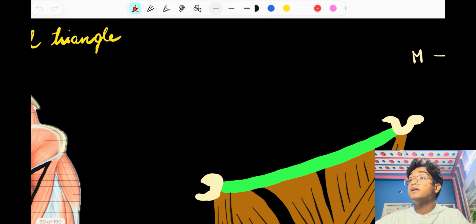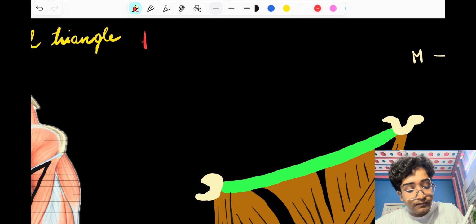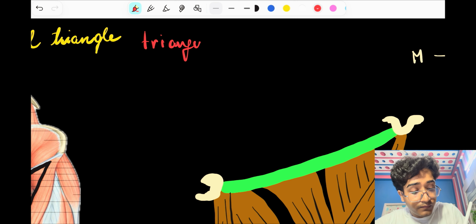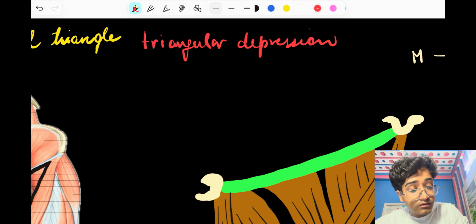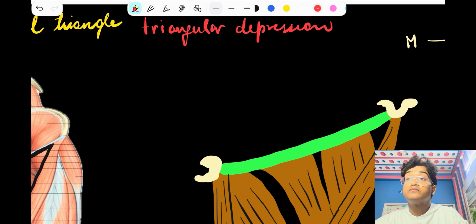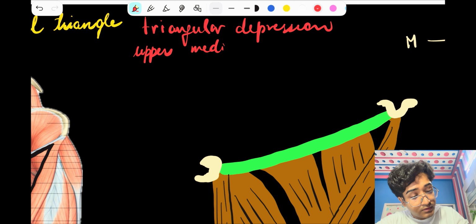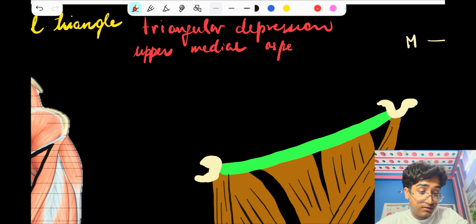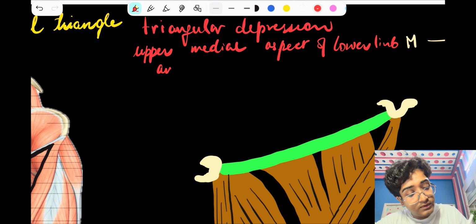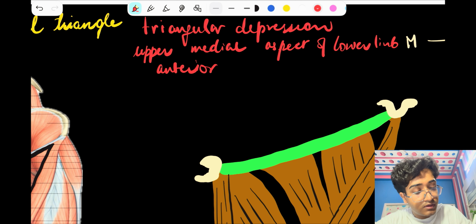It is a triangular depression, which is located at the upper medial aspect of the lower limb, and that too in which part of the lower limb? The anterior surface of the lower limb.